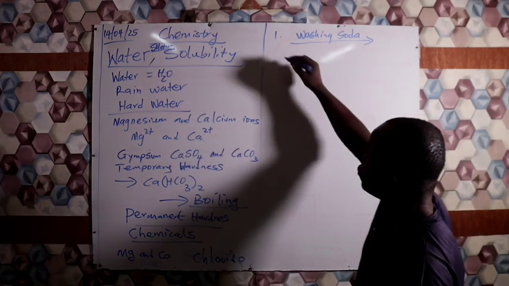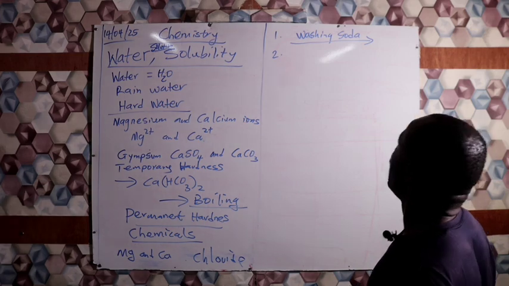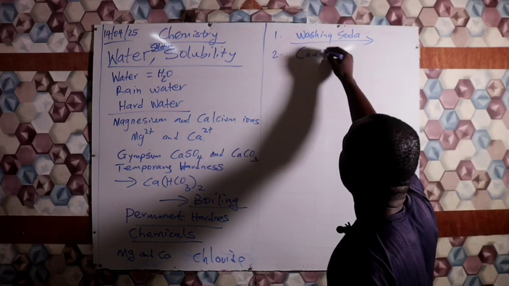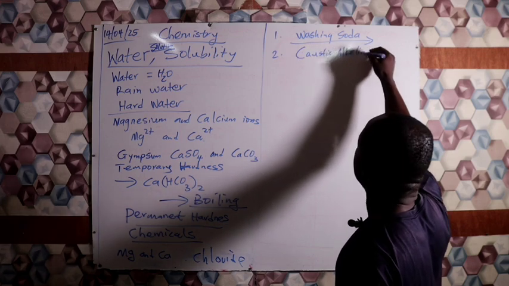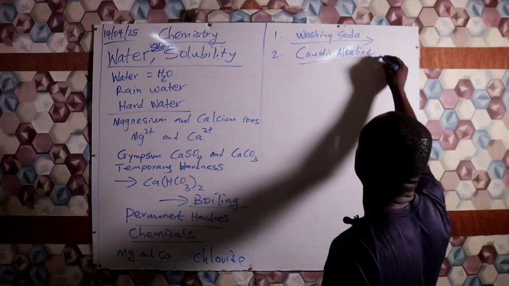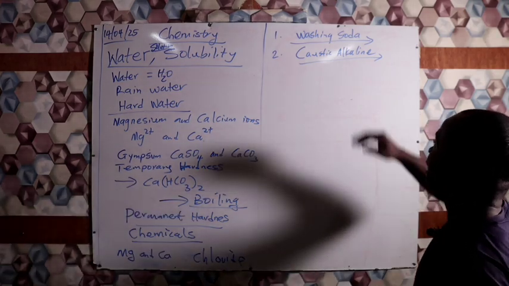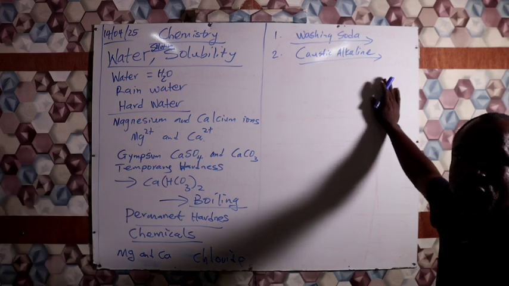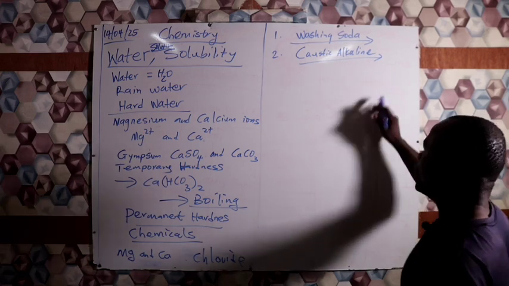Not only that, two, you can also remove your hardness using caustic alkali, your sodium hydroxide. So this one can also remove the permanent hardness. Okay.